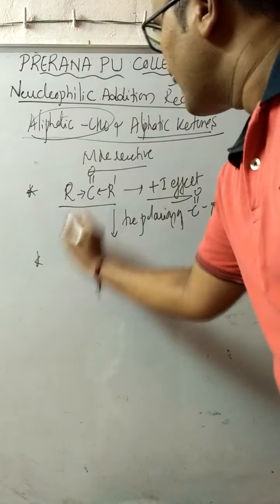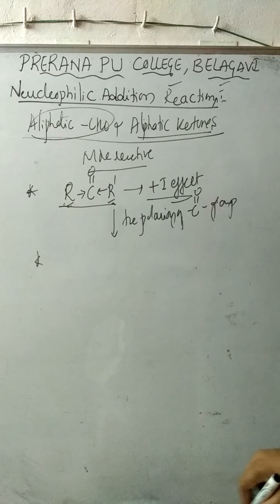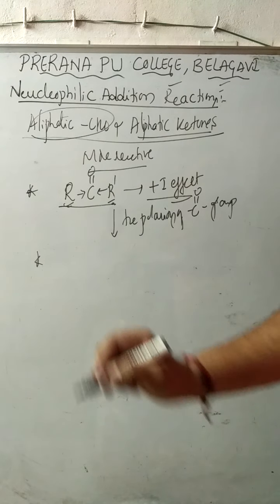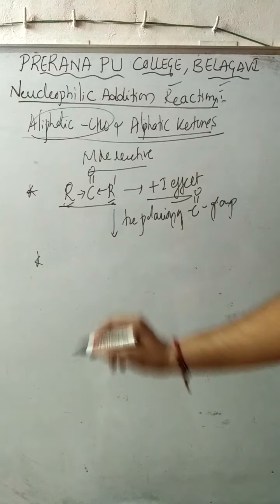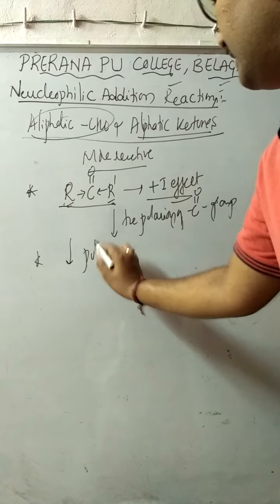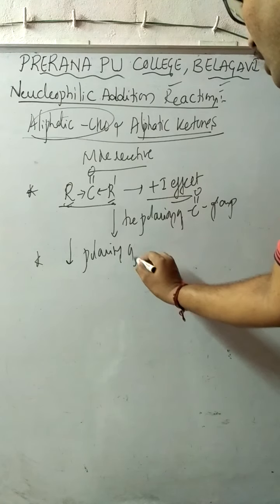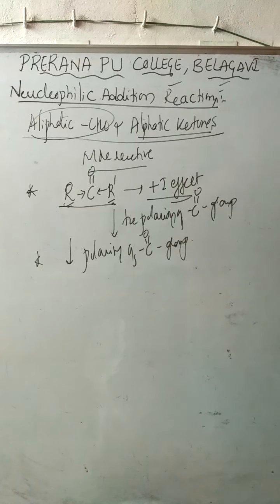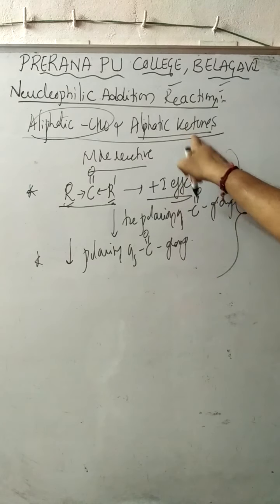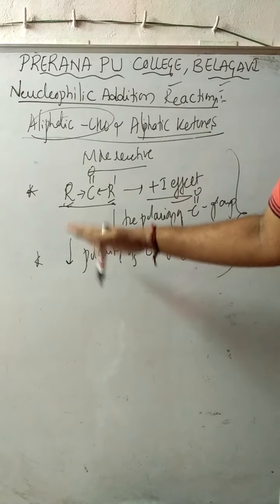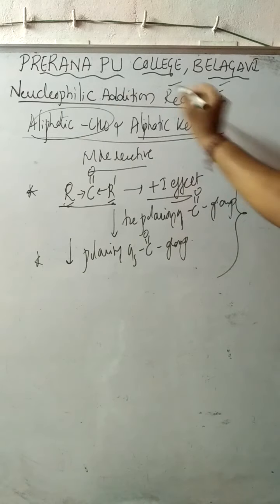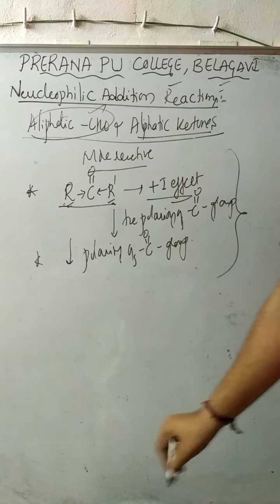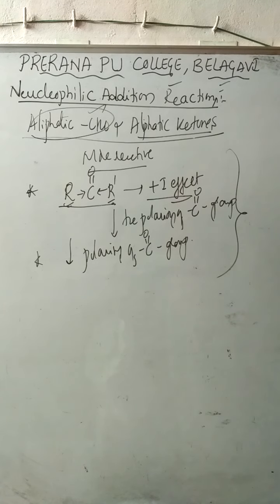Added to this, because of the bulkier nature of these alkyl groups, there exists a steric hindrance, which plays a vital factor in decreasing the polarity of the carbonyl carbon or carbonyl group. Because of these two reasons, aliphatic ketones are less reactive towards nucleophilic addition reaction as compared to aliphatic aldehydes.